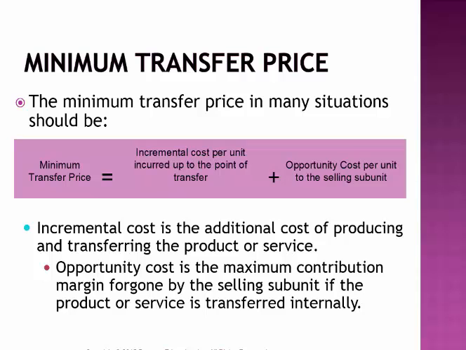So the incremental cost is the additional cost of producing and transferring the product or service. We can go back, we can look at our example in the textbook and find out what all our costs were for producing our item and transferring it over to the next division. And then we would want to add to that whatever we would be giving up by not selling it to the next available party if we gave up that opportunity.